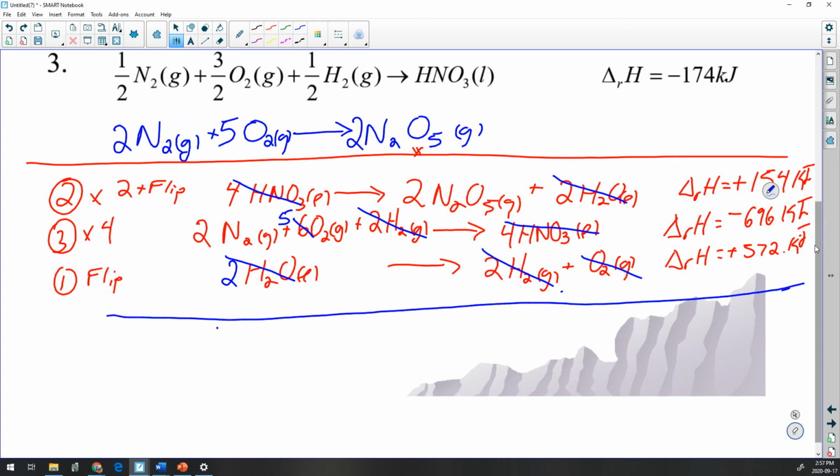So we have our 2 nitrogen gas plus our 5 oxygen yields our 2 N2O5 gas. So our reaction is what we wanted. Now we just have to add these guys together.